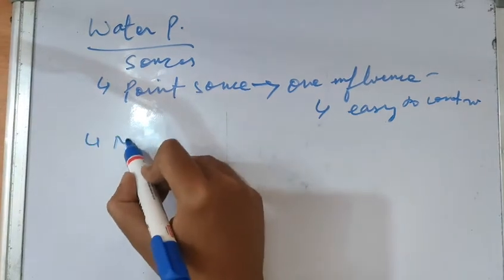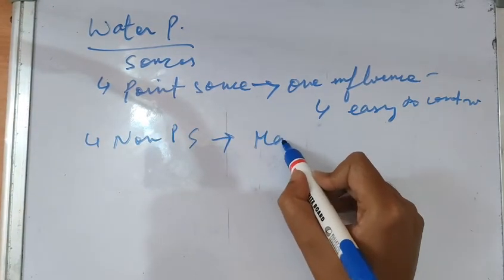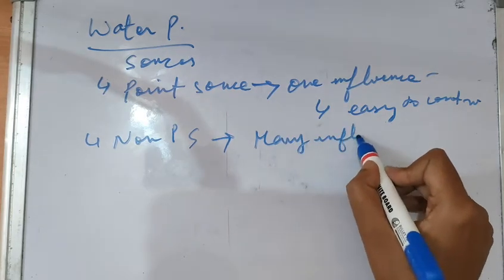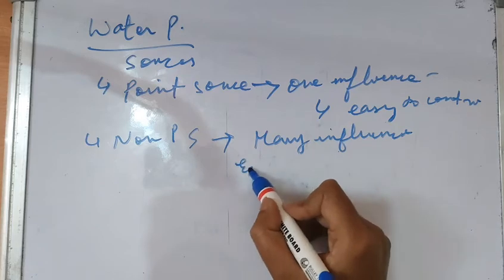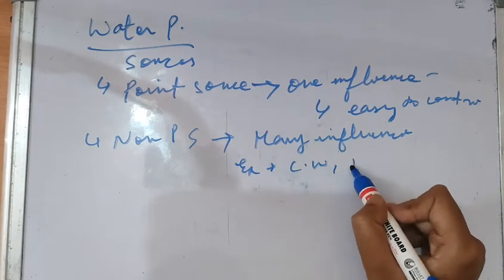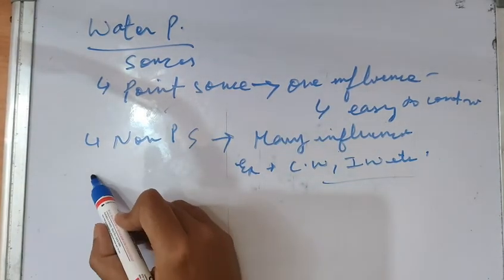And non-point sources, that is many influences coming from many sides, like community waste, industrial waste, etc. These are very hard to control as compared to point sources.